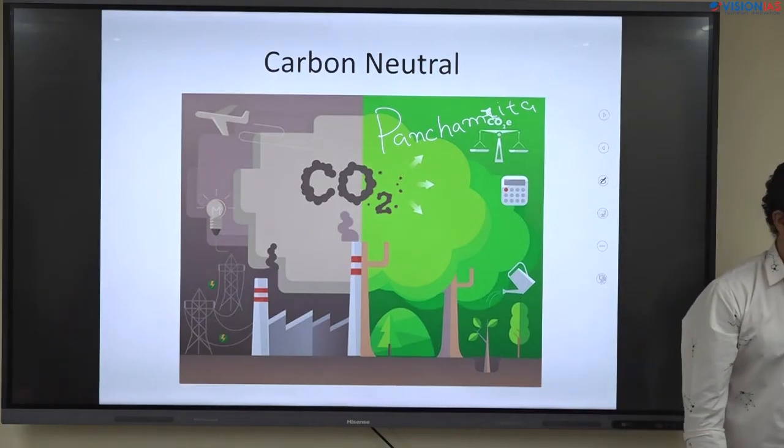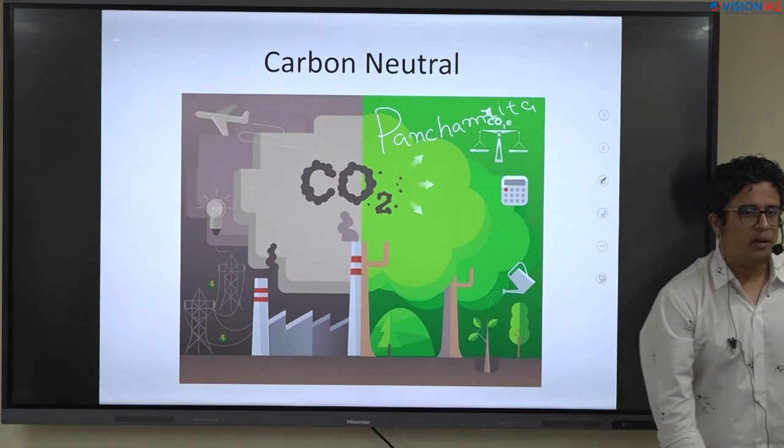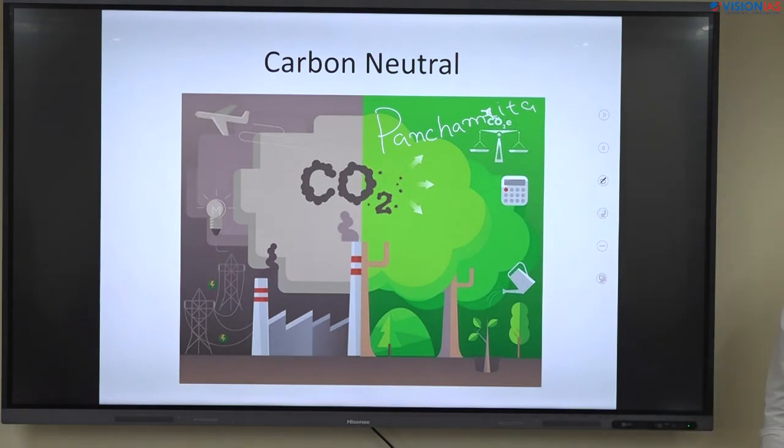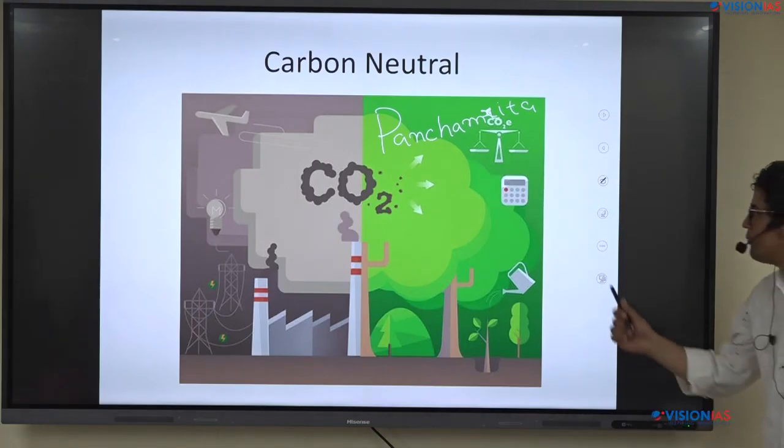Panchamrit are 5 promises that India has made related to climate change. So what are those 5 promises, 5 targets? Read about them. One target I told you, India will become carbon neutral by 2070. This is one promise. There are 4 others also.